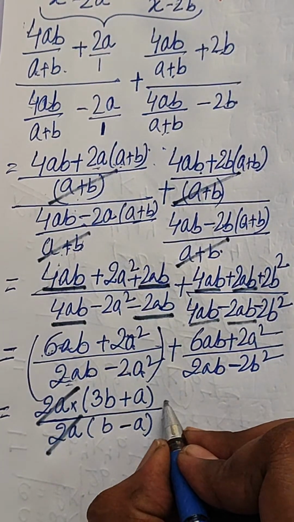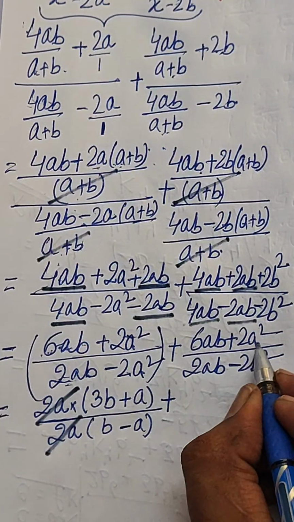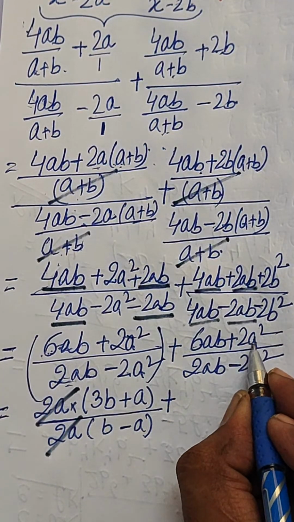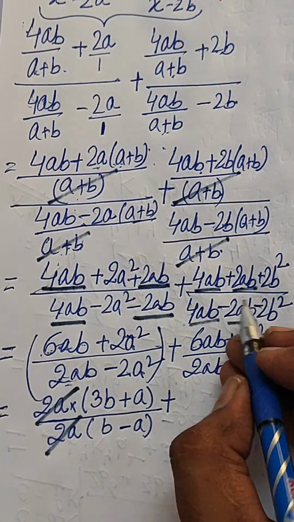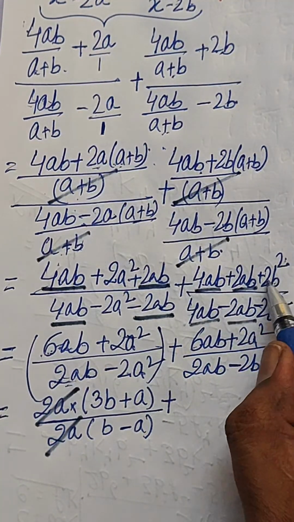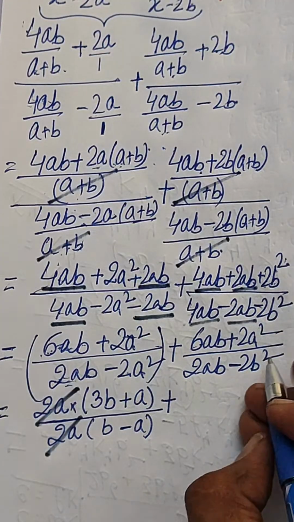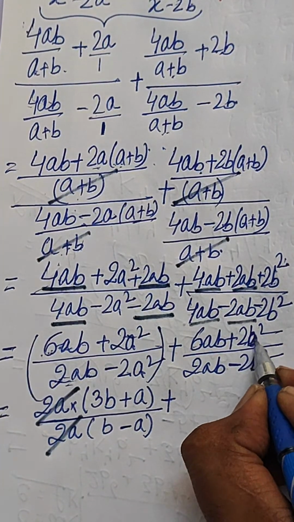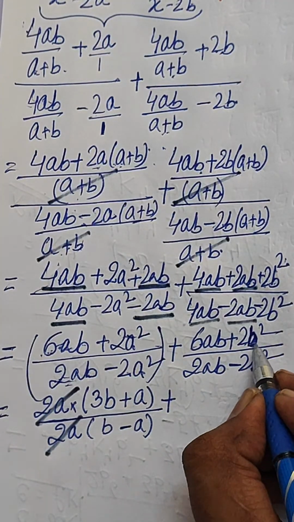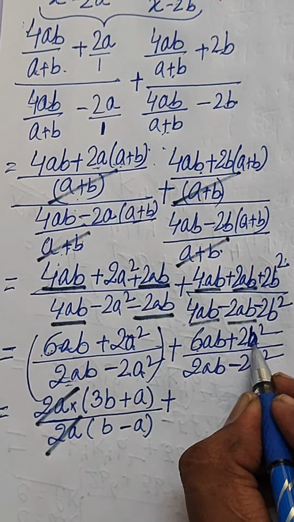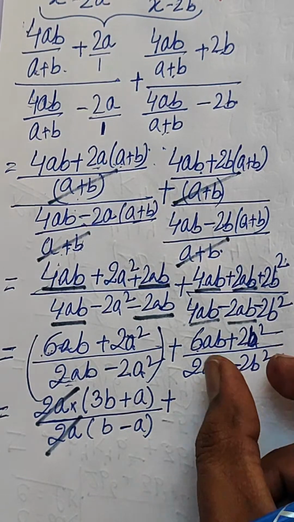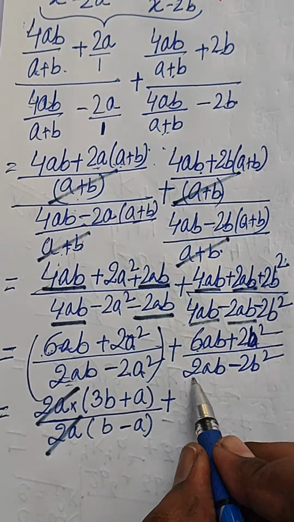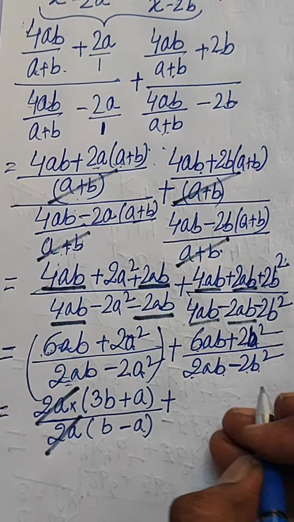And similarly here, it was 6ab plus 2b square, right? So it is not 2a square, it is 2b square. Okay, this is a typo error. So from here also you can see 2b can be taken as common from the numerator of the second fraction, and in the denominator also 2b can be taken as common.